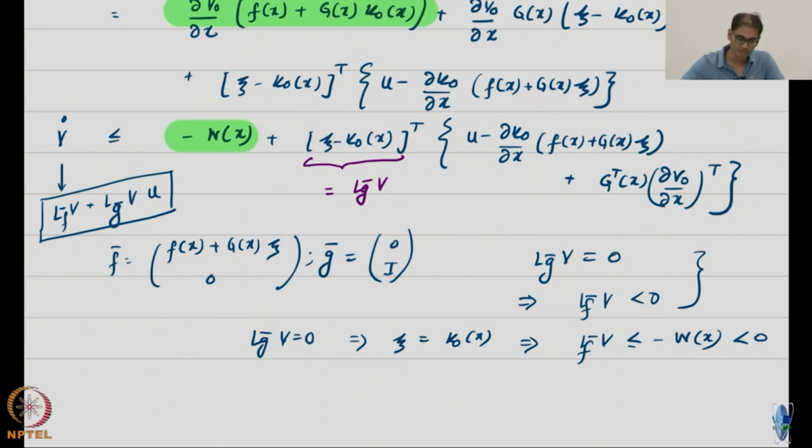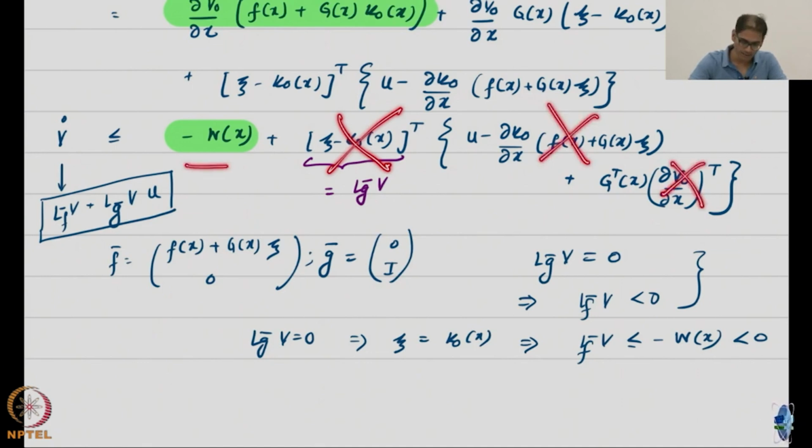All we see is that if the term multiplying the control is 0, then what happens to the terms that are not multiplying the control. In this case, the term multiplying the control goes to 0, which means this term goes away, which means these terms also go away.